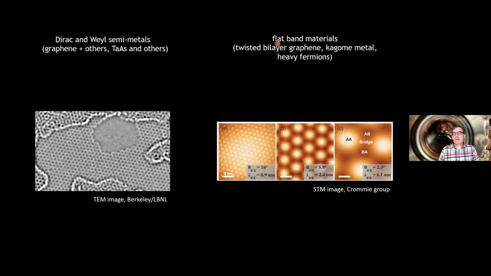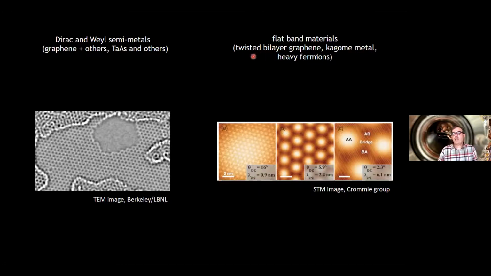There's another class of materials which is wildly interesting these days, which are flat band materials. So materials in which the band structure is such that many electrons have exactly the same kinetic energy. And the importance of that is that now interactions among the electrons cause the material to adopt a state of matter which is not trivial.